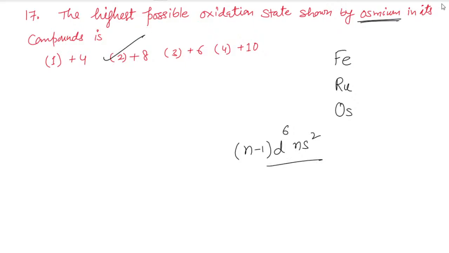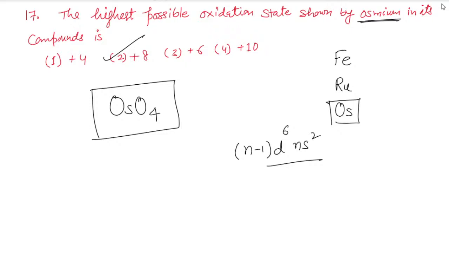So the maximum oxidation state shown by osmium is +8. It is the only one which can show +8 oxidation state. OsO4, osmium tetroxide, exists and has a tetrahedral arrangement.